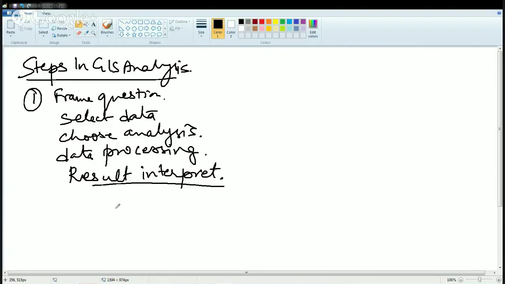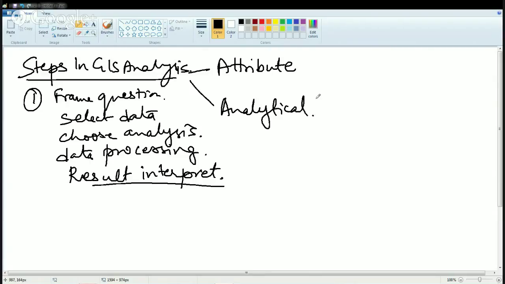This GIS analysis can be done by two means. First is attribute analysis and second is analytical analysis. Under attribute analysis, what is important is I try to question an attribute. For example, there are 10 parcels of land. I can ask who owns this parcel of land. That's a kind of attribute I'm trying to find out.